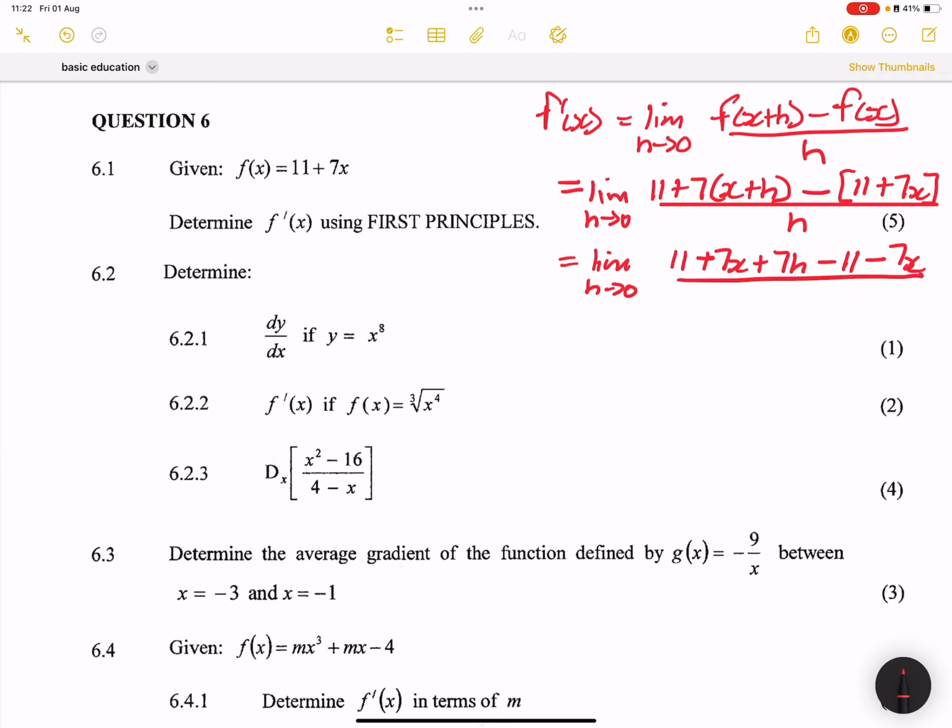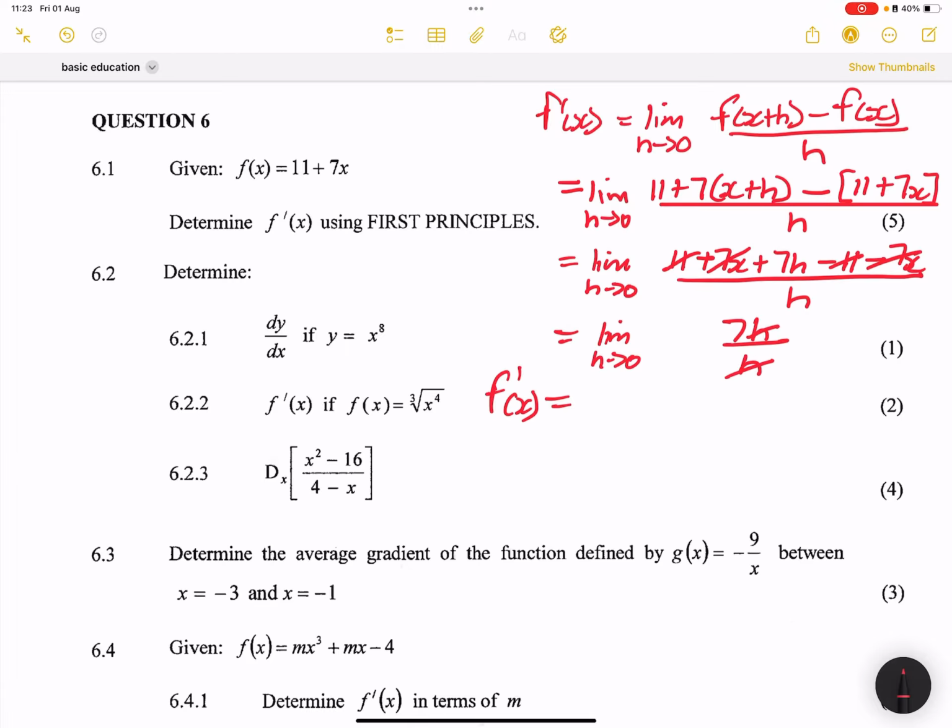The 11 and the minus 11 cancel, 7x minus 7x cancel, and we are left with 7h divided by h. Limit as h tends to 0 of 7h divided by h, and guess what? f prime of x will simply be equal to 7.